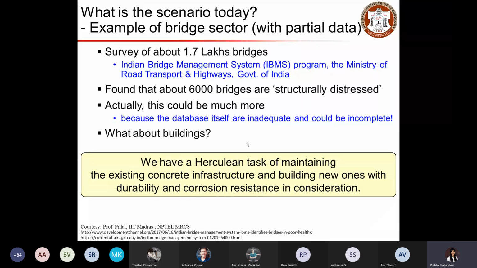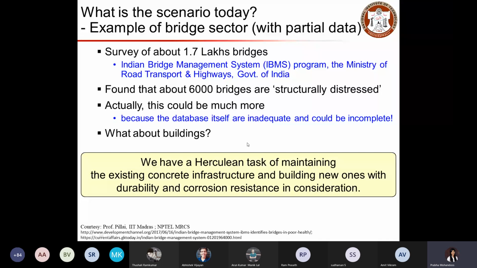We have a Herculean task of maintaining the existing concrete infrastructure, and at the same time building new ones with durability and corrosion resistance in consideration. I will tell the importance of durability and corrosion resistance in due course as we move along, because those are the things that significantly affect the performance of the structure in the long term.